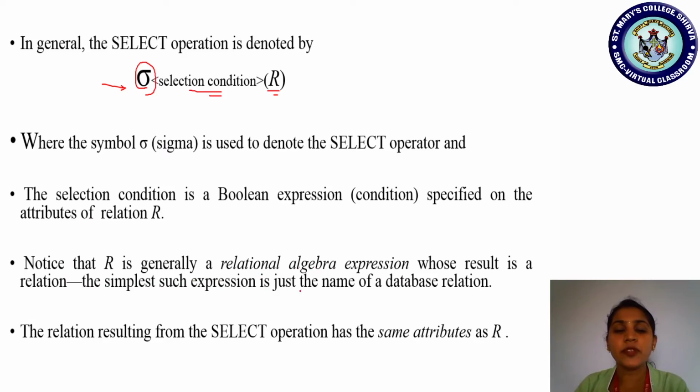The simplest such expression is just the name of a database relation. Just now I told students: select from employee where salary is greater than 30,000. In case, among the 50 employees in a company, 20 of the employees have more than 30,000 salary, it is going to display only those employee records whose salary is greater than 30,000.